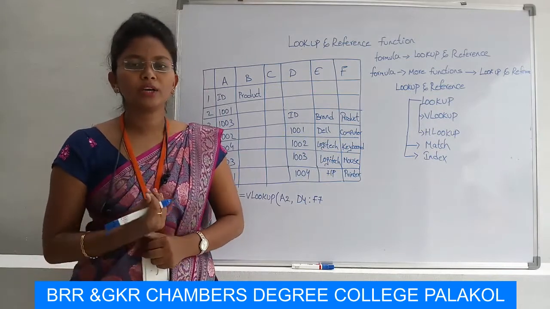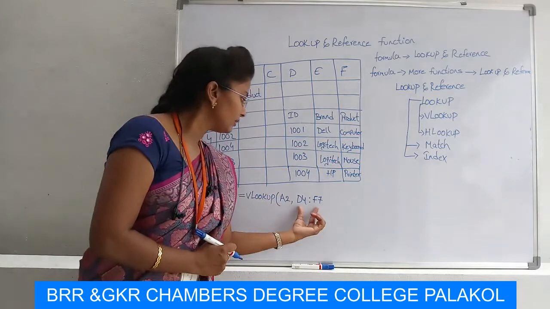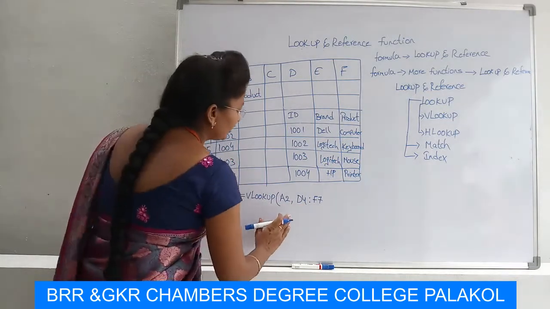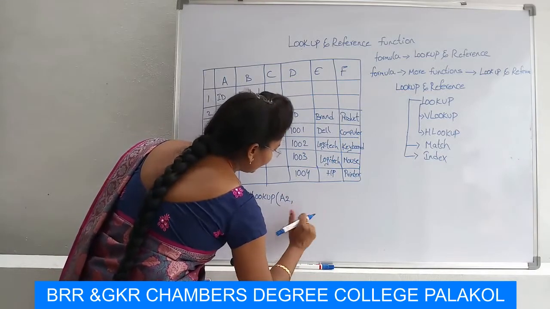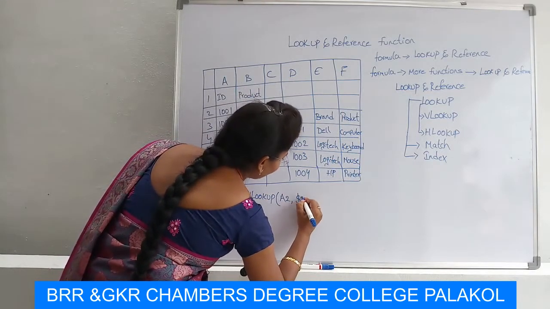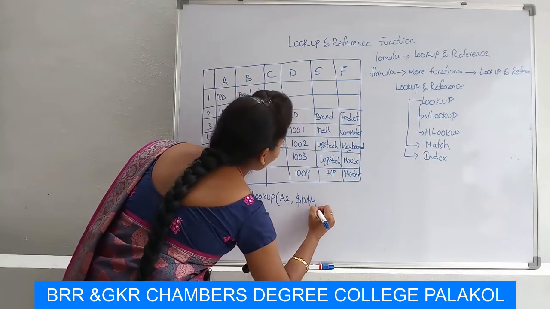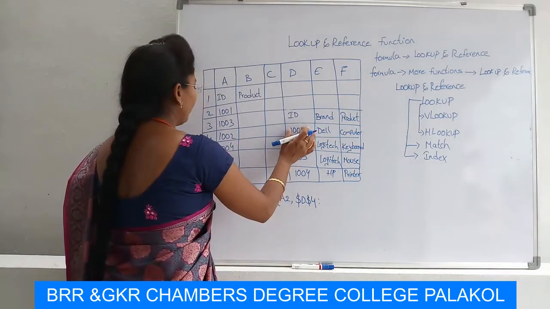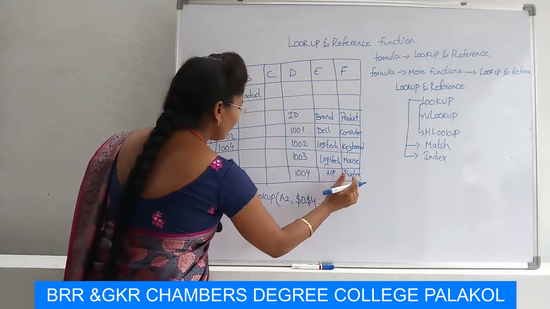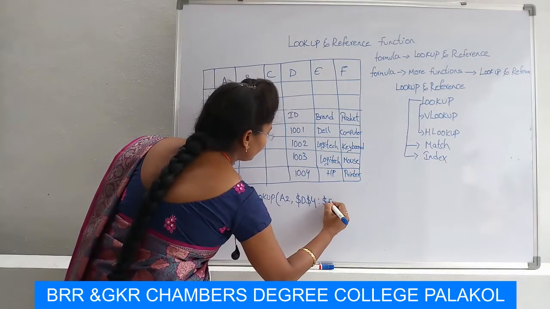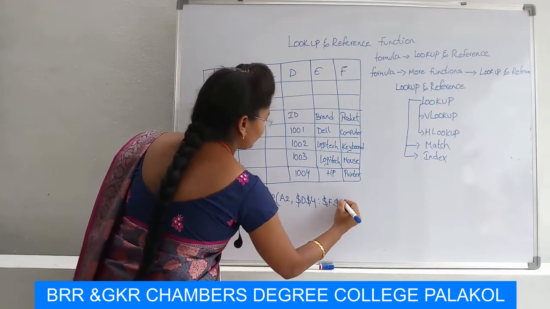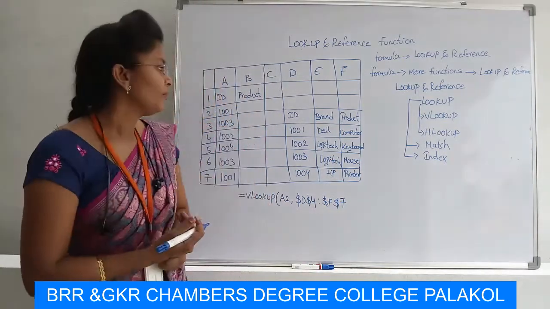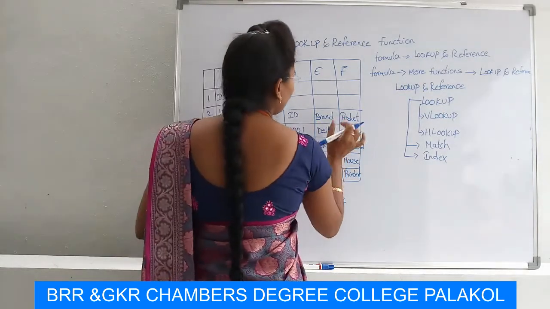When you press the F4 function key, this reference will be locked. After locking, the display of this reference will be $D$4. That means this cell reference is locked from D4 to $F$7.